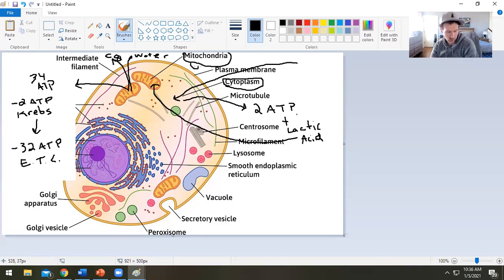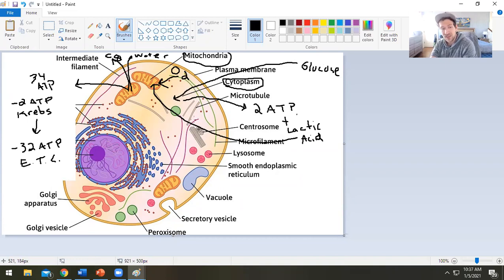So, I need more space to write stuff. So glucose goes in here, spits out some ATP and lactic acid, and oxygen is going to go in here as well. And there we go. So one molecule of sugar goes into the fluid portion of the cell, and it spits out some ATP and some lactic acid.